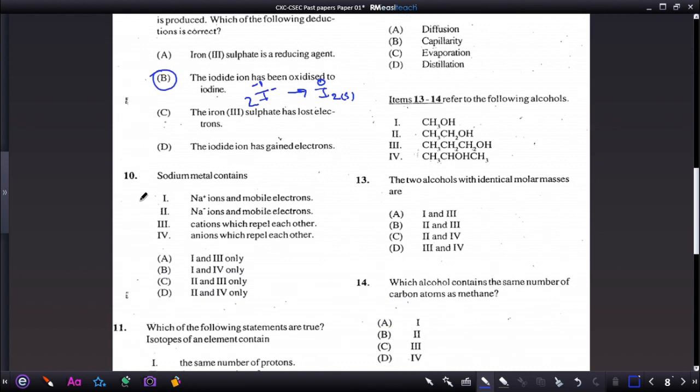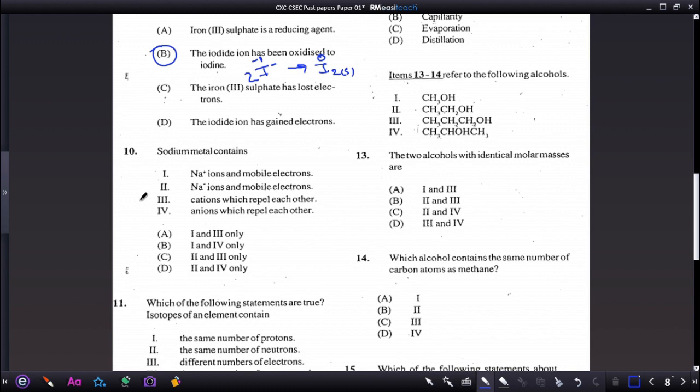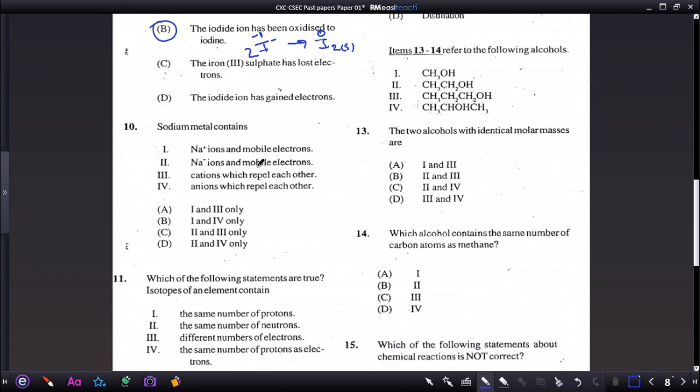Question 10. Sodium metal contains, we have seen this question again. So that is why it is important, guys, to go over the past papers, right? Because you may be lucky enough to see a question from previous years on the paper.